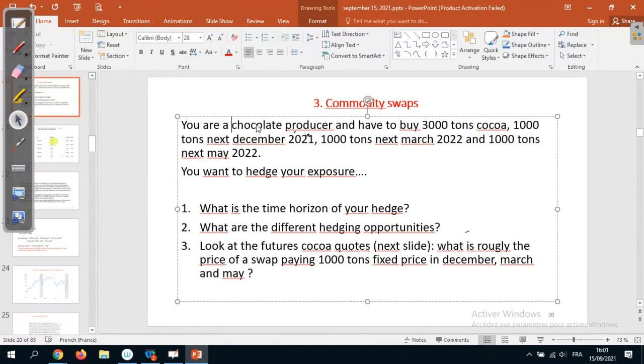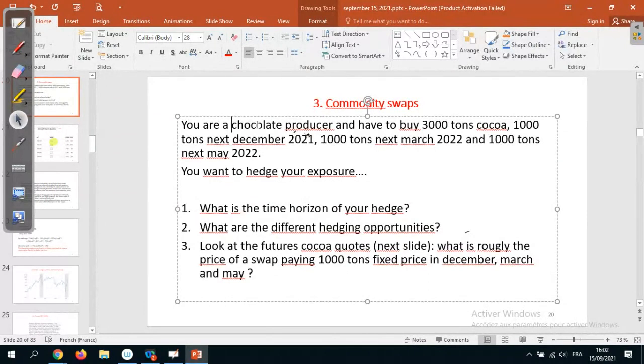You want to hedge your exposure because you have already sold a lot of chocolate to France for 2022, next year, but the price has already been fixed. When I sold my chocolate, the French stores told me they are okay to buy chocolate from Vietnam in 2022, but at a given price which will not change. So you gave a price, and now you will produce your chocolate.